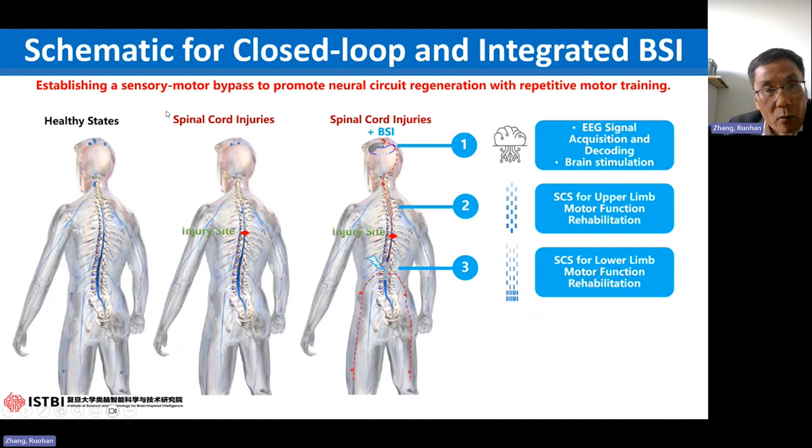What we are trying to do is build a brain-spinal cord interface.